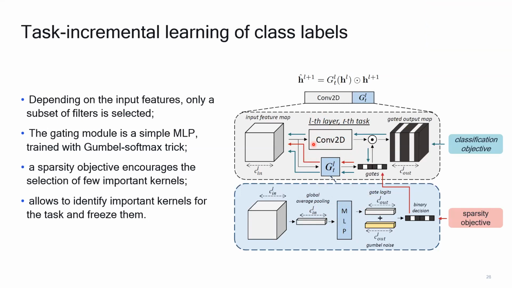And the second question is somehow related to what Peter asked. So you have gates for each of the tasks. Based on the correlation between these gated or binary decision masks, can you tell something about the correlation between tasks themselves?